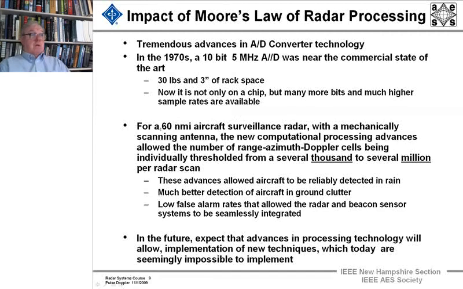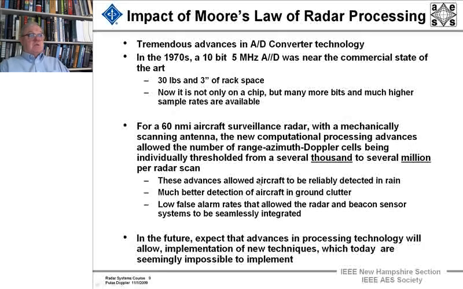That's Moore's law. For a 60 nautical mile airport surveillance radar with a mechanical scanning antenna, as we've been talking about, it allows us to individually calculate the millions of range Doppler azimuth cells' response, from several thousand to several million per radar scan.